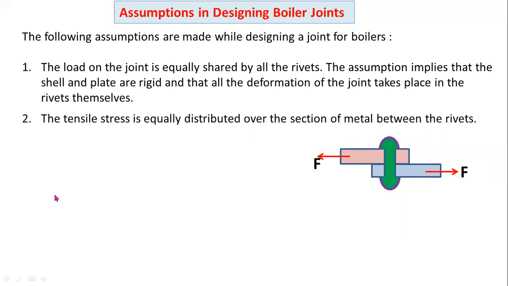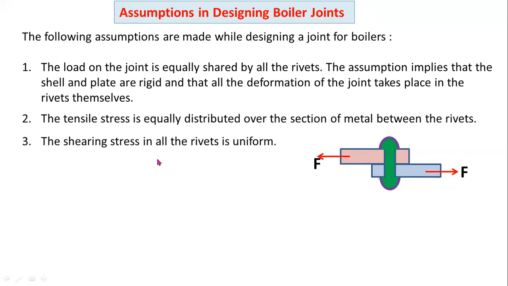The tensile stress is equally distributed over the section of metal between the rivets. You can observe this diagram. This is the rivet. These are the tensile forces acting on the plates.